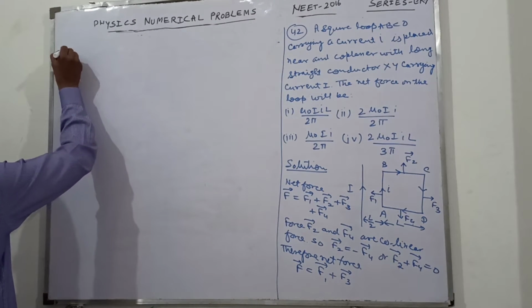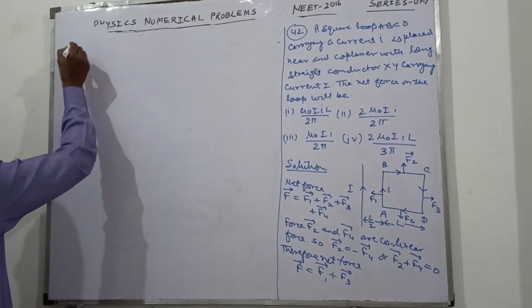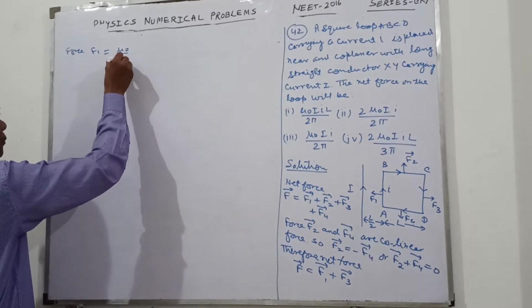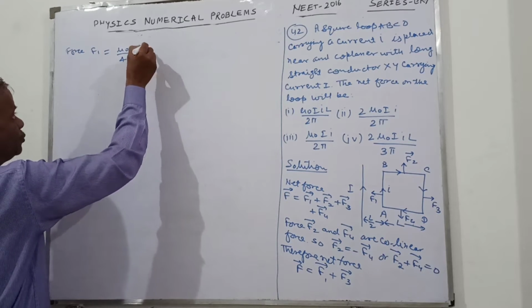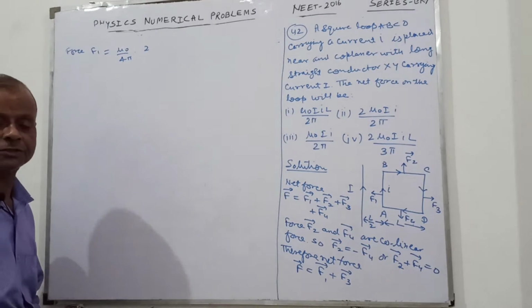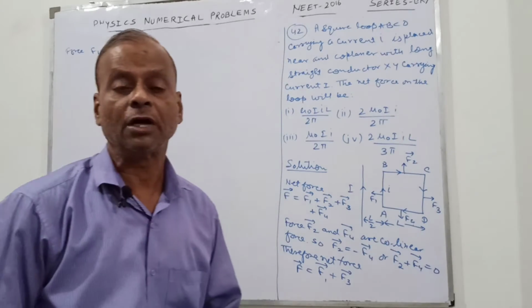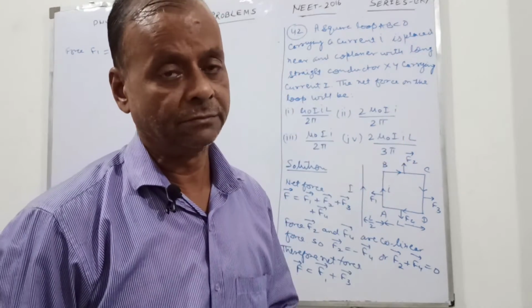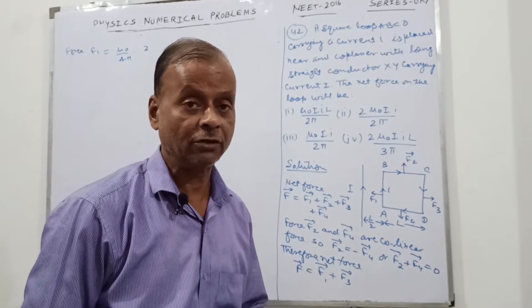Force F1 is equal to mu naught upon 4 pi into 2 I1 I2 upon R into L, the length of the side or length of the conductor.